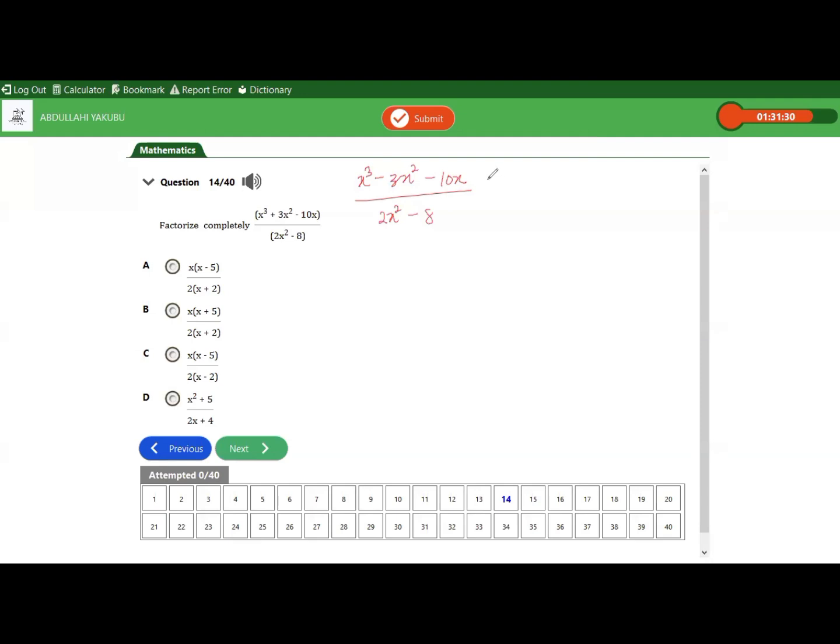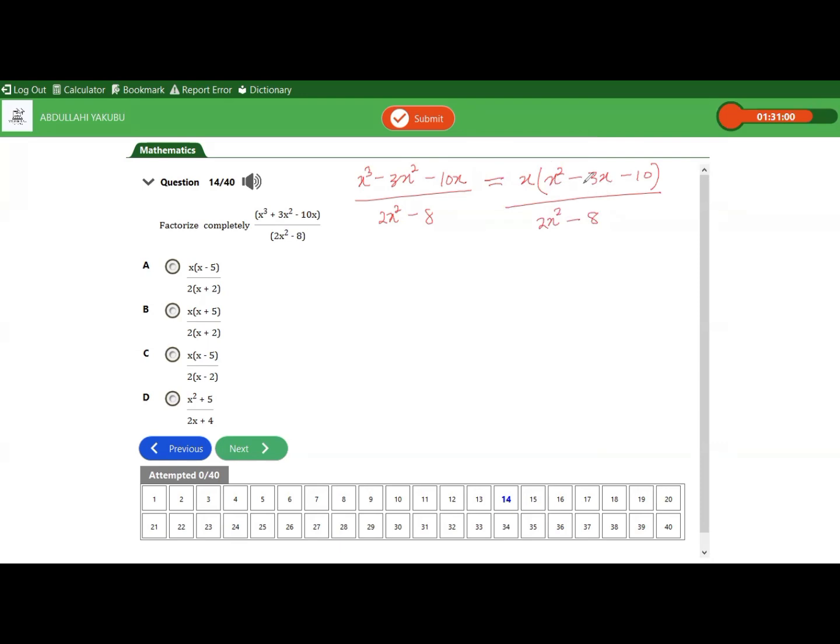So we have to factor out, right? What is common here? x is here, x is here, x is here. So that will be equal to x into bracket. If I bring one x here, what will be left? x raised to power 2 minus 3x, then minus what? 10, all over 2x squared minus 8.